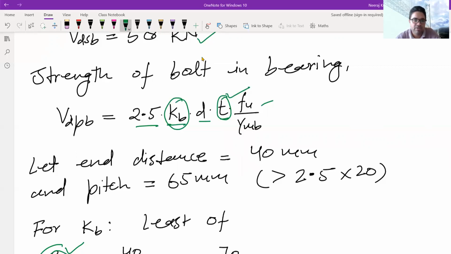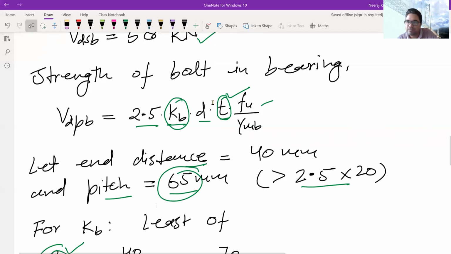Okay, so to get the value of kb, we need to find out the edge distance and the pitch, which is 65 mm. This 65 mm is greater than 2.5 times d, which is okay. We are just assuming the value here. This value can be anything, but it should satisfy the condition that the end distance should be greater than 1.5 times d naught.